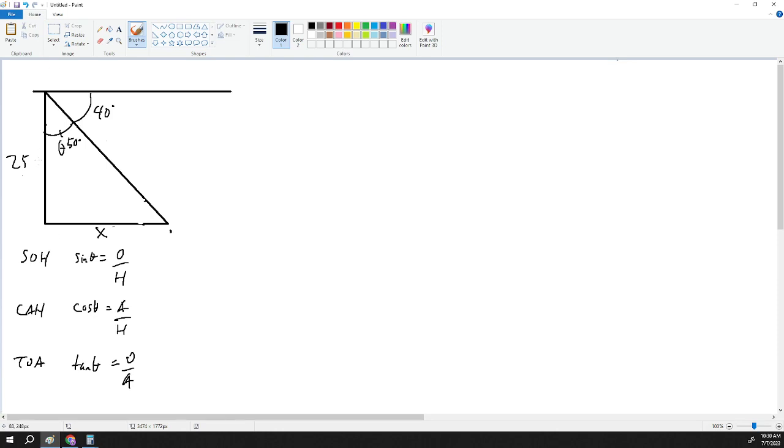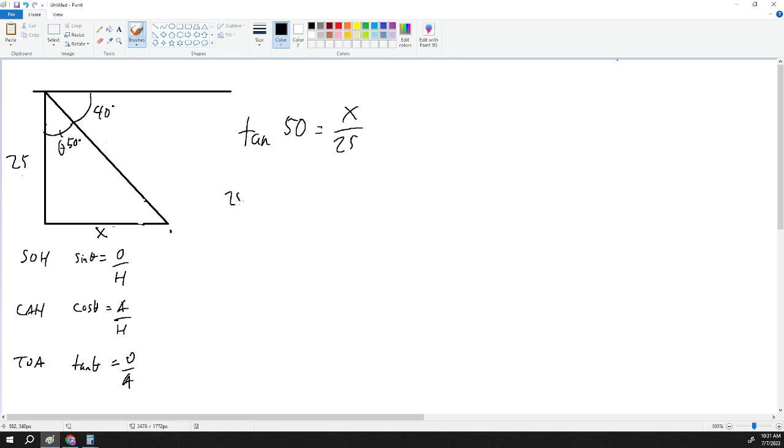Now we can use that to find the x using what? Sine, cosine, tangent. Well, alam niyo naman to. Using tangent. So, tan 50 is equal to TOA, x over 25.